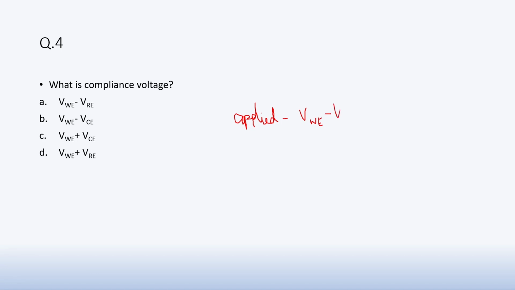As I told you, when I'm applying some potential at the working electrode, some amount of current is developed.